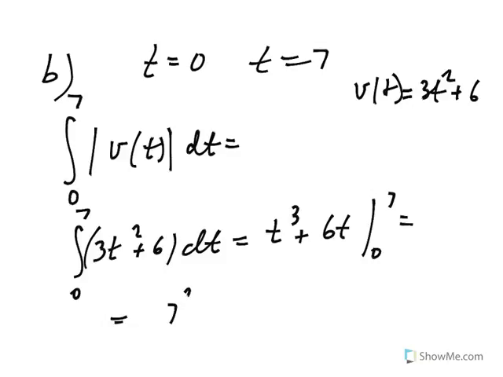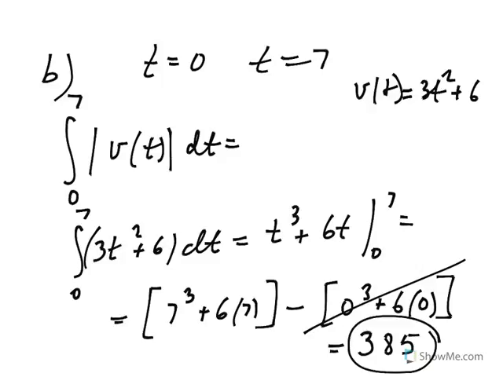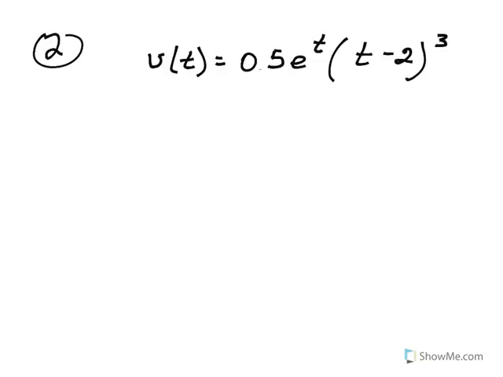So we get 7 cubed plus 6 times 7, minus 0 cubed, which is 0. So 7 cubed plus 6 times 7, I'm using my calculator here, and it is 385. All right, so next, question number 2.